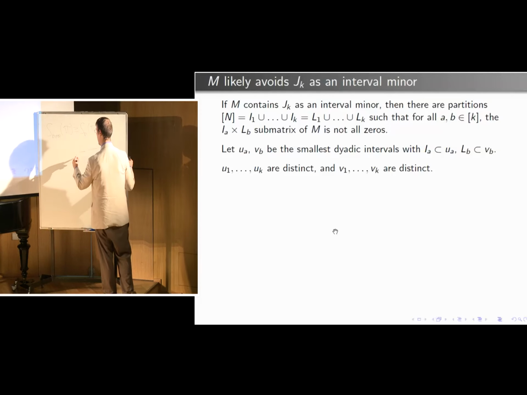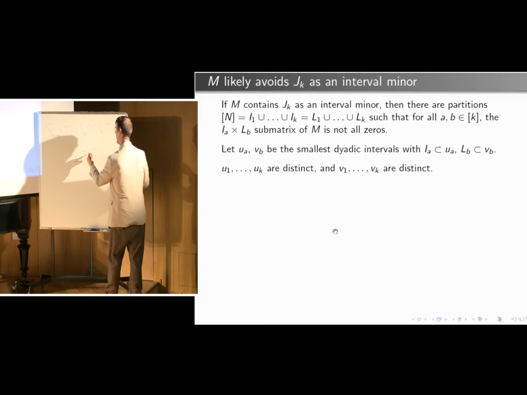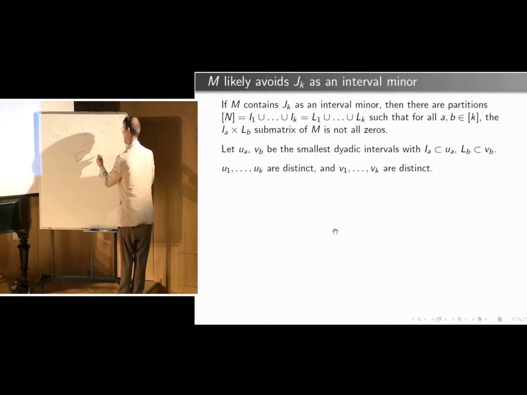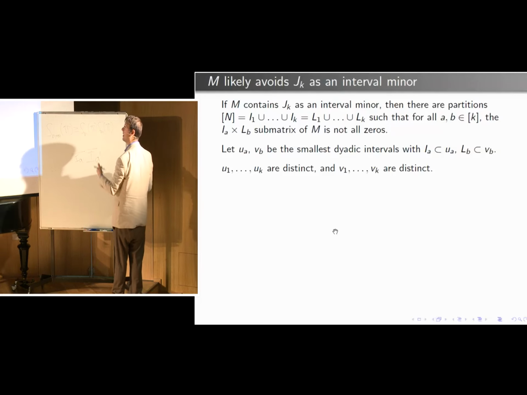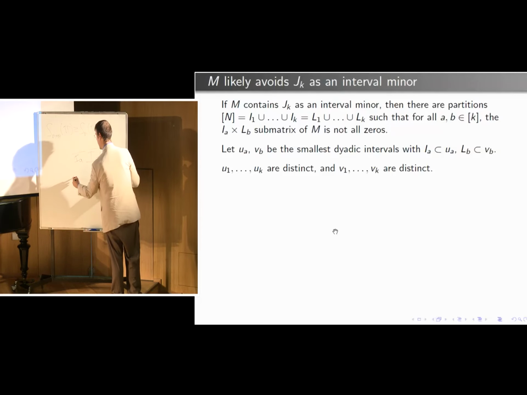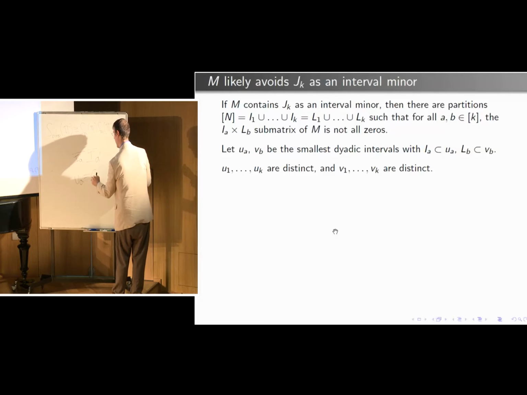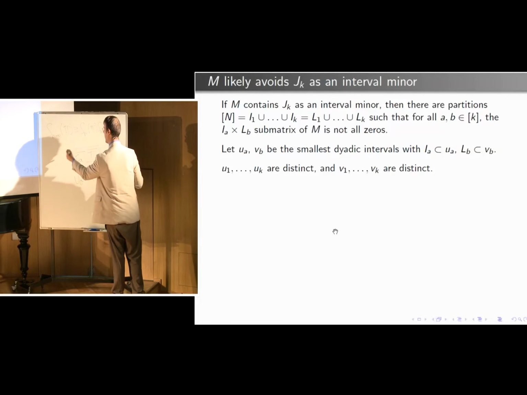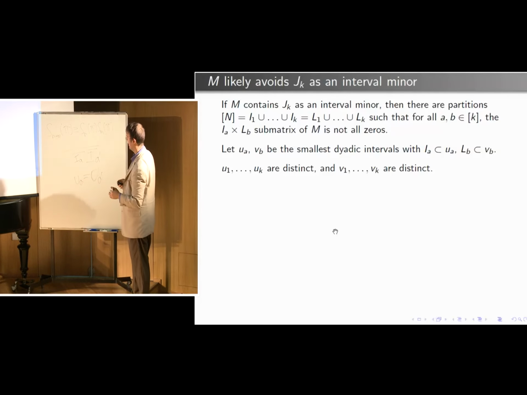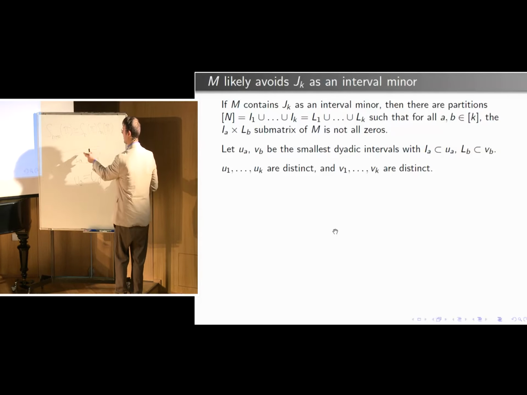Suppose I have an interval I_A and I_A prime, and they happen to have the same dyadic interval, the smallest that contains them. So U_A is equal to U_A prime. That means the smallest dyadic interval that contains either one of them is the same.